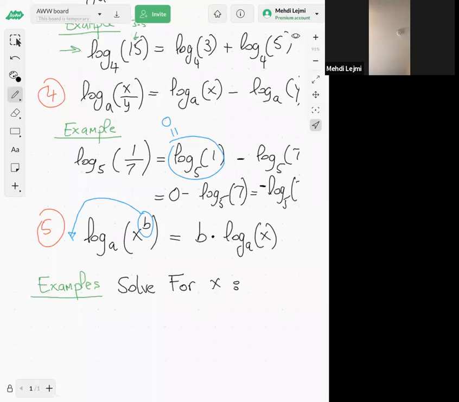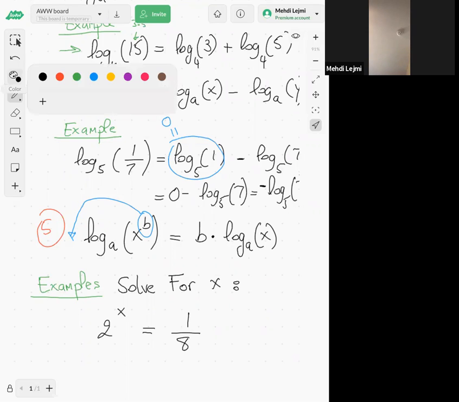Let's say you have 2 to the power x equals 1 over 8. This is our first example, example 1.